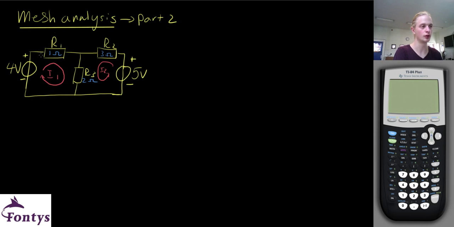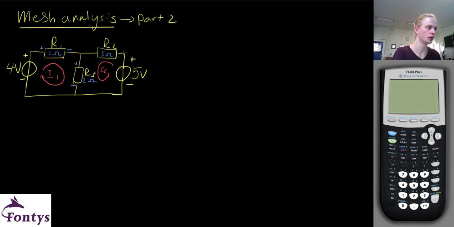From now on, we have to identify the positive and the negative side of each resistor. And we've seen in the previous video, whenever a current enters a passive component, for example a resistor, that will be the positive side of the resistor. So in this case, this is the positive side and this will be the negative.